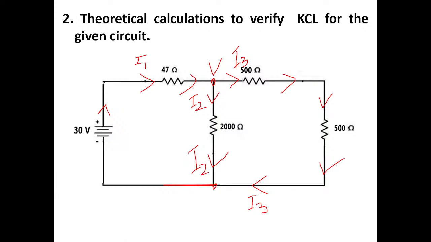Here I1 is dividing into I2 and I3. I2 and I3 are adding up here and I1 current will flow like this and it will return back to the negative terminal of your voltage source wherever it has started.